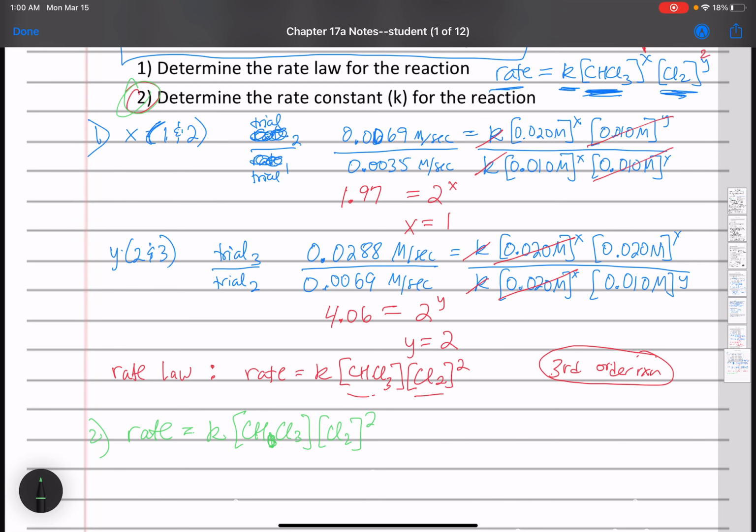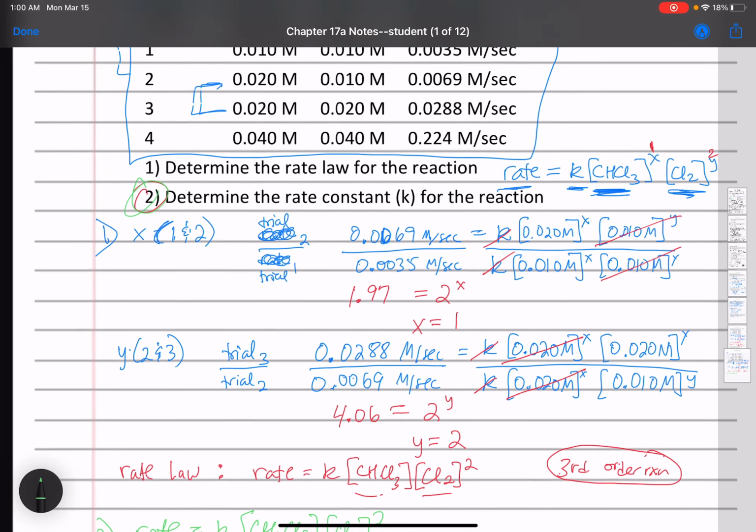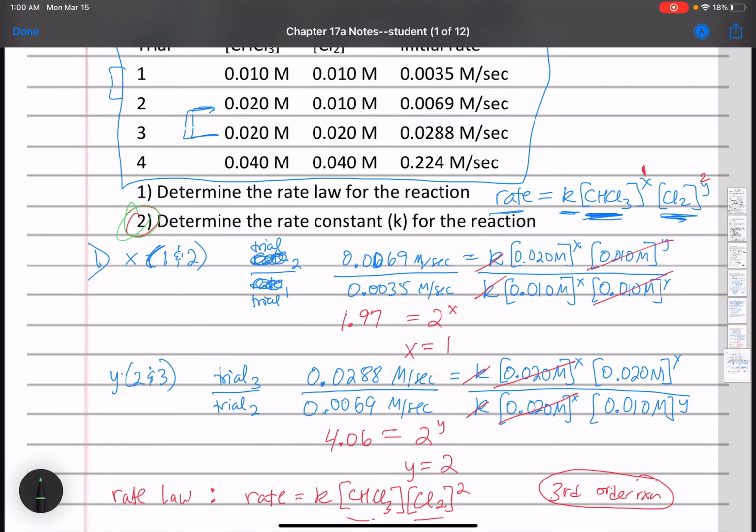We're just going to use data from any one of these trials, and any one of them should give us the same answer for K, because K is a constant. No matter which trial we use, no matter what concentration and rate data we use, we should always get the same value. That's the definition of a constant.